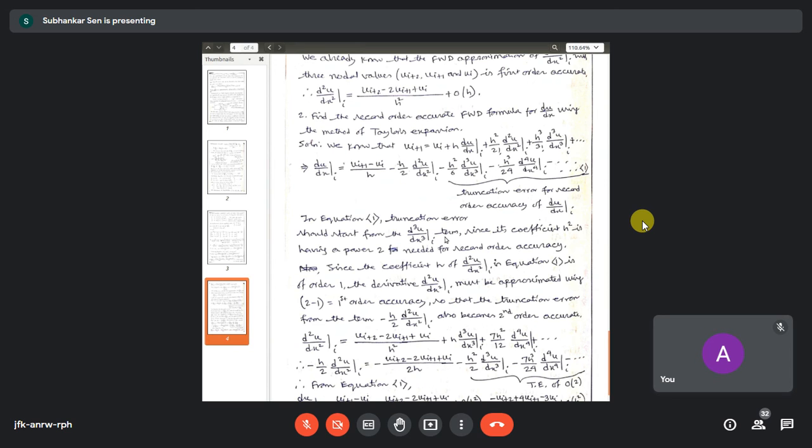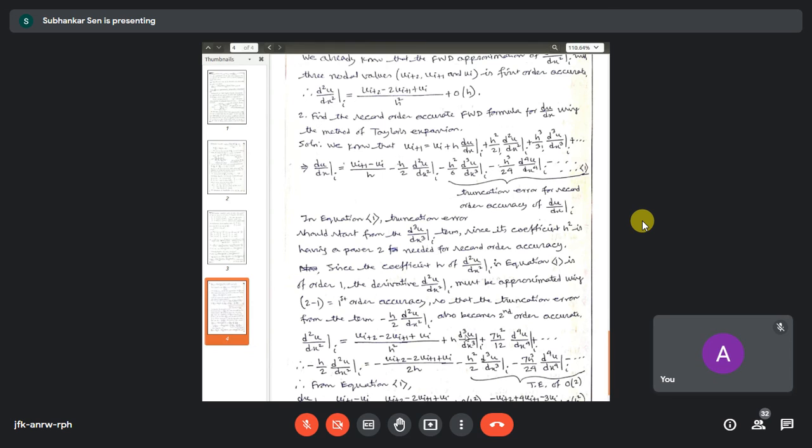So this h and this h will give you h square, and this will be h cube. Now the leading term in the original truncation error is d3u dx3, and this is also d3u dx3, and this is h square, and after multiplying with h, this will also be h square.